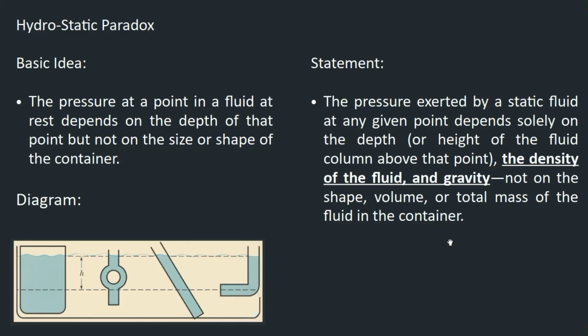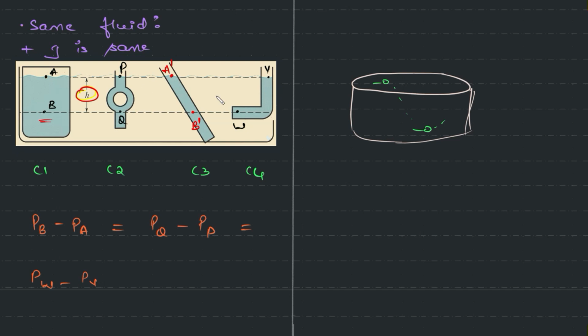Okay, guys. So not on the shape, volume or total mass of the fluid in the container. The pressure is not dependent on the shape or volume or total mass of the fluid in the container. So clearly the shapes are different, and the amount of water is different in each case, but because of this set of conditions, they have the same pressure.